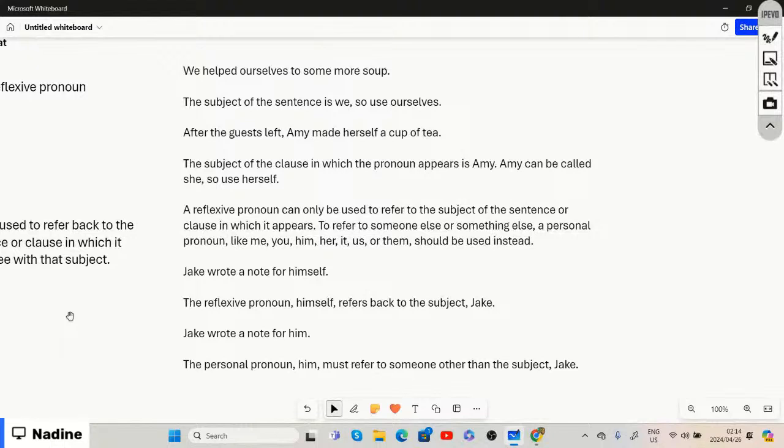So to refer to someone else or something else, a personal pronoun like either me, you, him, her, it, us, or them should be used instead. That is, if you refer to someone else. So as soon as someone uses, for example, the pronoun me, you, him, her, it, us, or them, it becomes a personal pronoun and you're referring to someone else. That is not a reflexive pronoun.